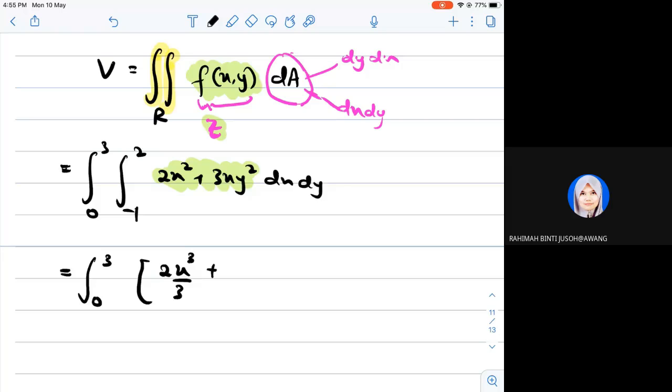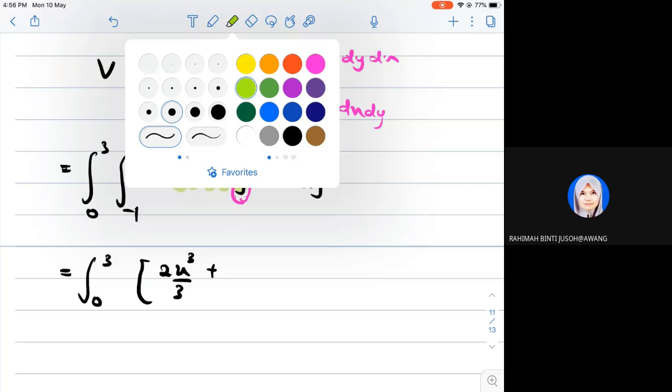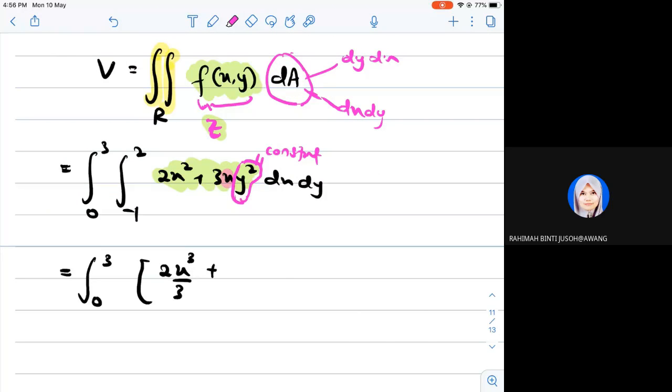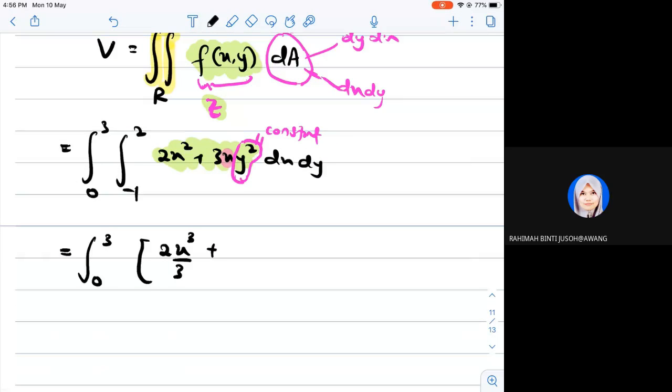Tambah 3xy kuasa 2, y kuasa 2 tu just a constant sebab kita integrate terhadap x. So kita hanya fokus kepada x tu. Dia jadi 3x kuasa 2 per 2, dan y kuasa 2 ni salin balik je sebab dia constant sahaja.